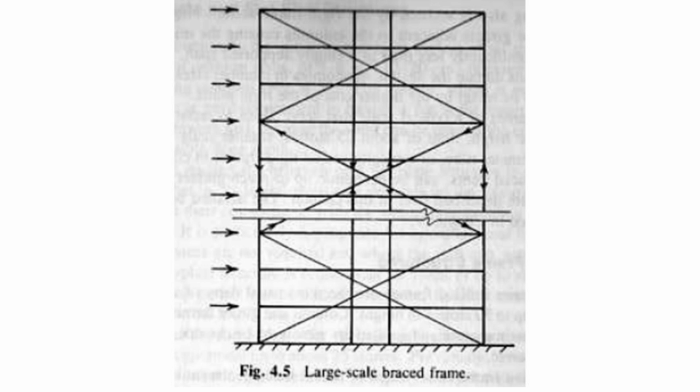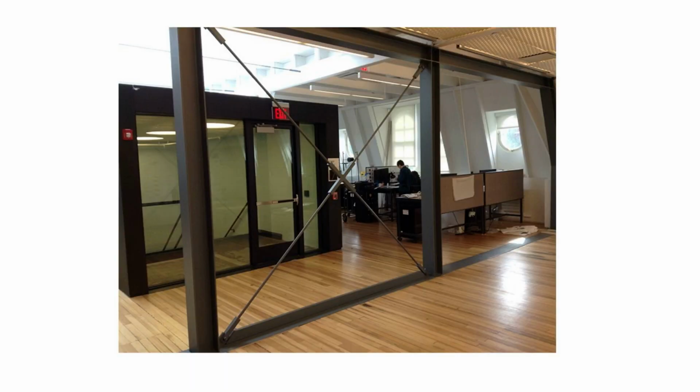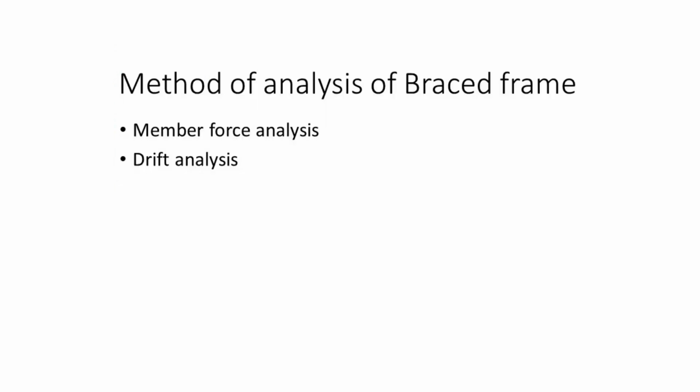It is also suggested for bracing to cross several floor heights instead of one. Will you prefer this kind of view inside your workspace? In analyzing the braced frame structure, two methods of analysis will be used, namely member force analysis and drift analysis. Detail of the analysis will be explained in the next chapter, which is Chapter 2.